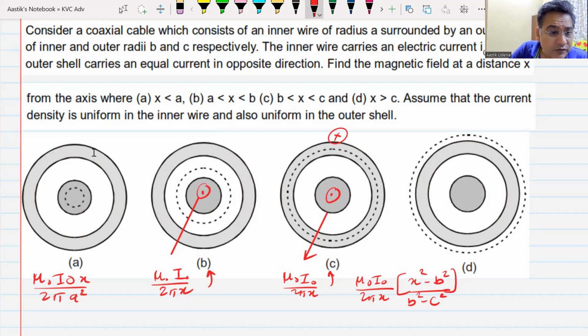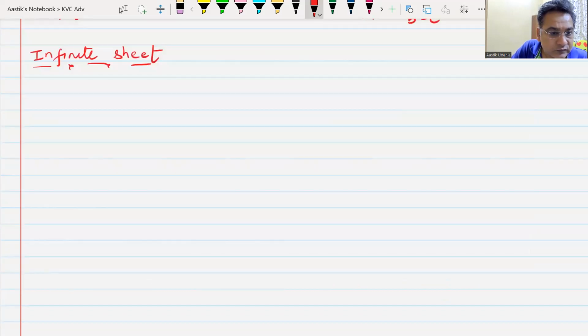Let us move on to the next portion. Magnetic field due to an infinite sheet.